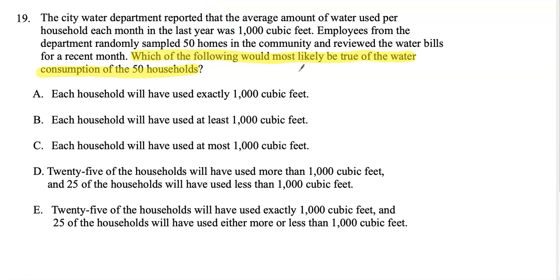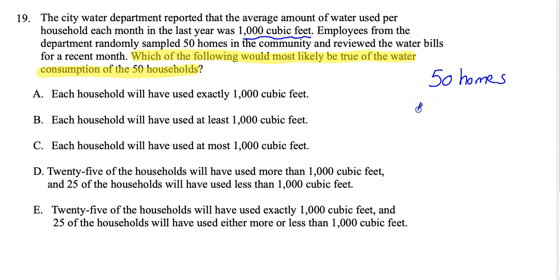So let's think of this in terms of the real world. There's 50 homes, right? Think of your own neighborhood, and there's 50 homes in that neighborhood, and the city department randomly samples these 50 homes to see how much water is used. Do you think everybody in your community is going to use the exact same amount of water?